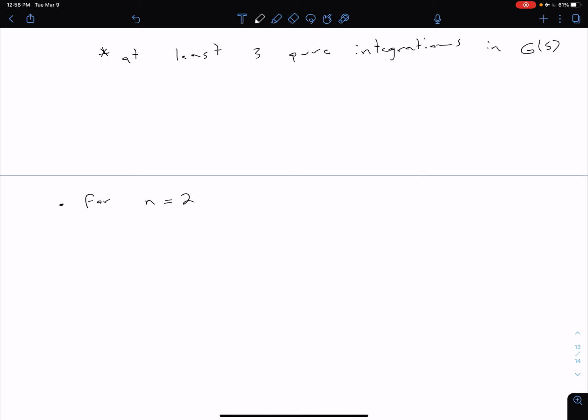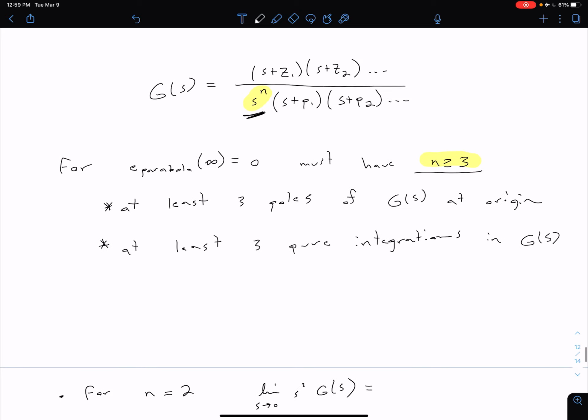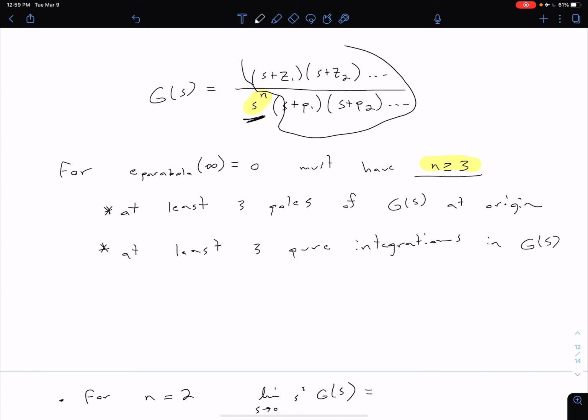So if our n is equal to 2, we have the limit as s goes to 0 of s squared g of s. And so if we have s squared and then this term is going to be s squared as well, of course the s squareds will cancel out and we'll just be left with the limit of everything else going to 0.